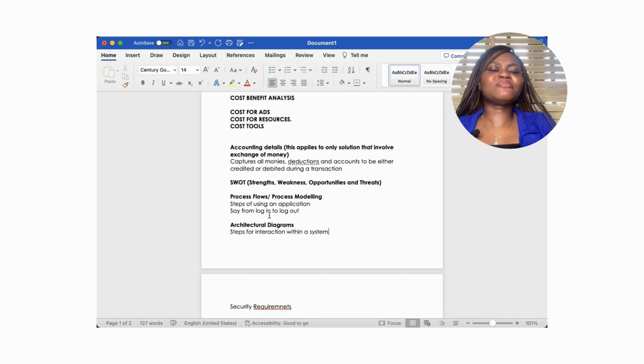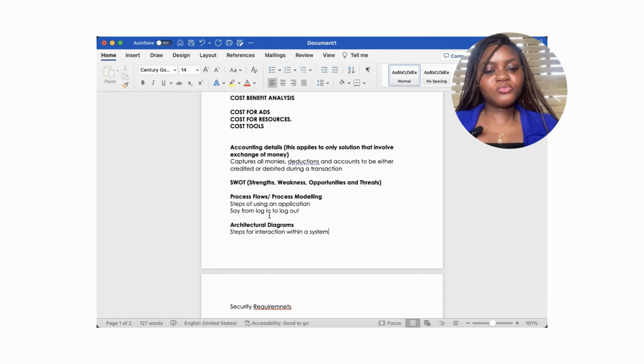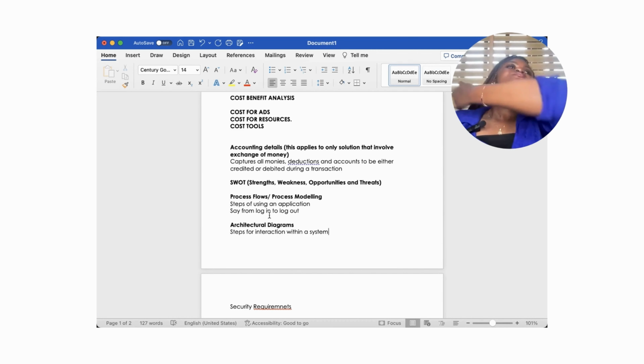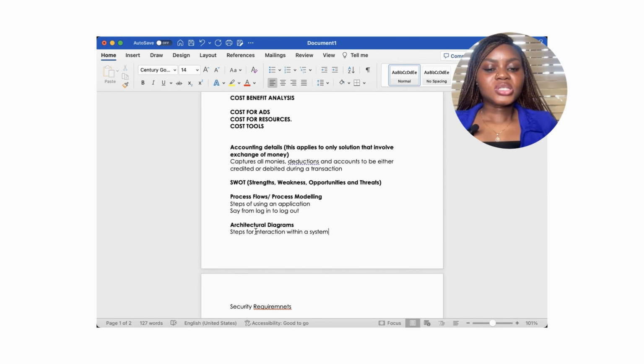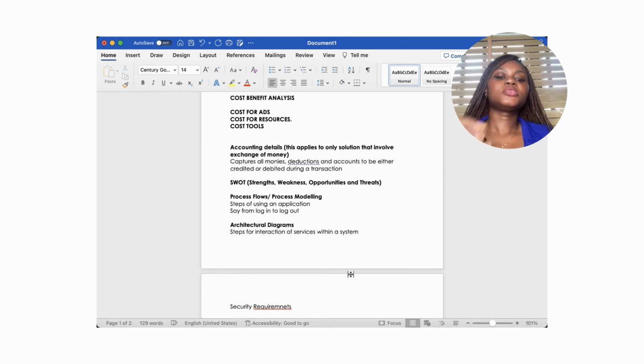Or maybe it's a payment platform, just like we referenced before. It says, at this point, a customer's account number is validated. And what allows the validation of the customer's account number? It is a service. Maybe this service for account validation is what is called. So, steps for interaction of services within a system. That's clear.